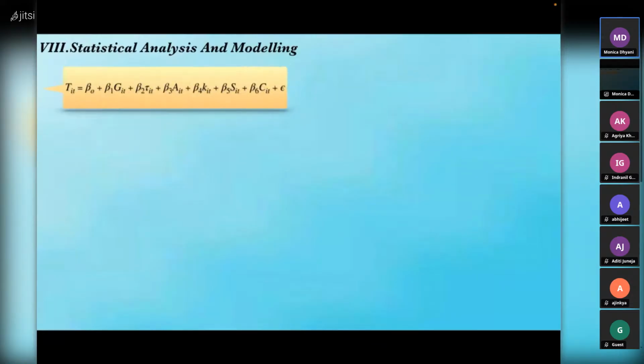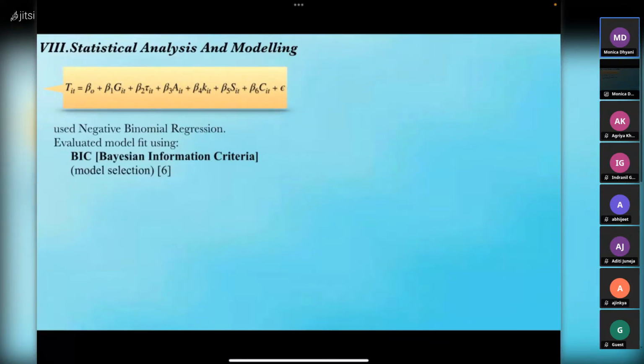Then I did statistical analysis using regression. I employed negative binomial regression as my dependent variable is count data.